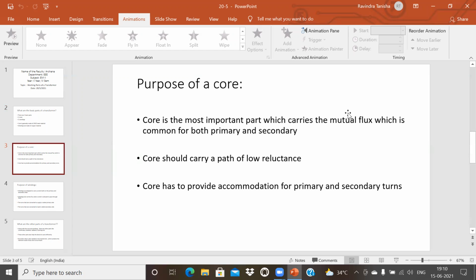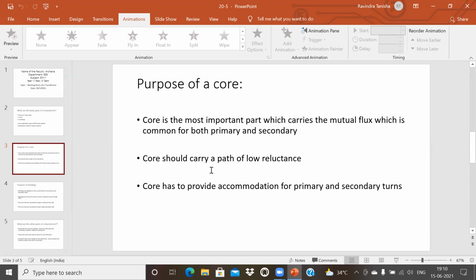The flux which is common for both primary and secondary. The most important duty of the core part is to provide a path of low reluctance so that maximum flux can be associated with it, and that flux is common for both primary and secondary. That's why that flux is called the mutual flux.